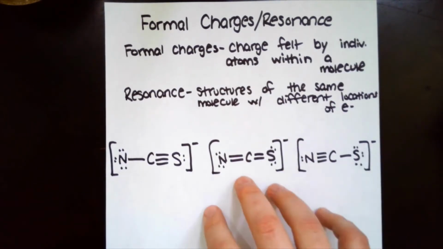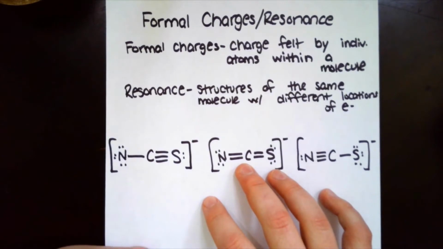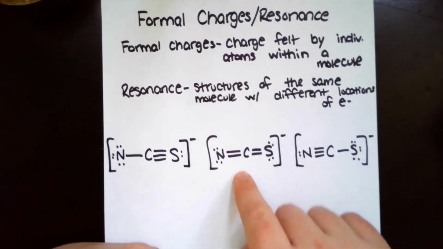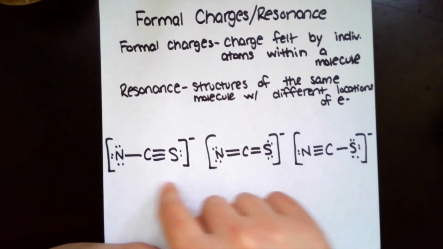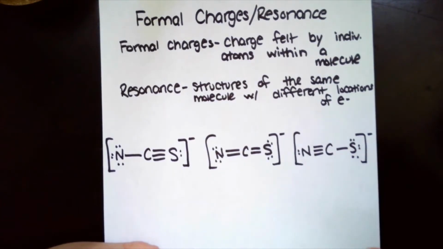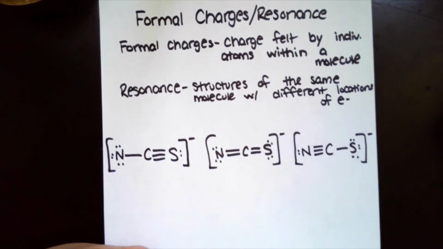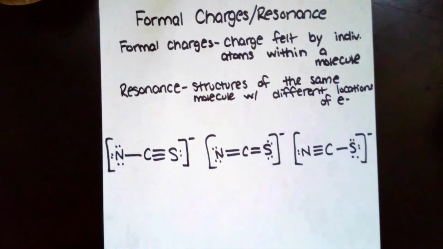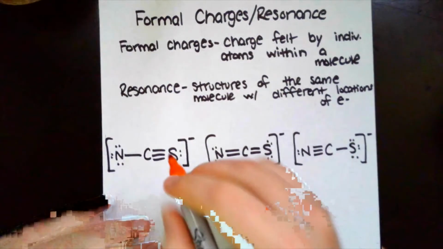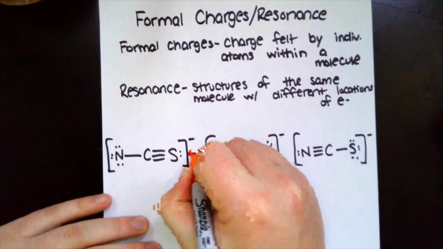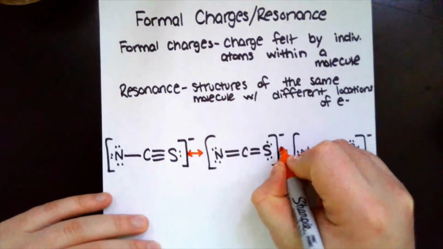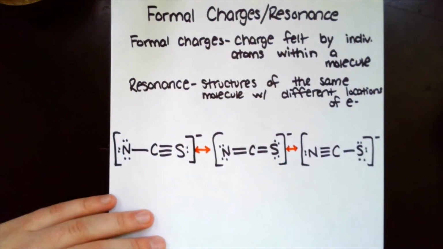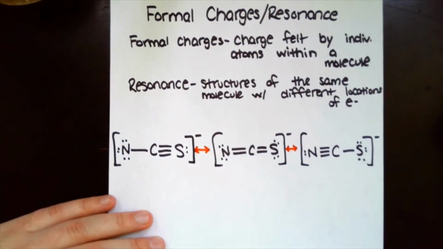Now, these do not mean that this molecule flips back and forth between these three different structures. What it actually means is that the true electron structure is some kind of hybrid average of the three of these. Okay? If you have resonance structures, the way you indicate that is you just draw a double-sided arrow between them. Right? So that means that they're resonance structures.